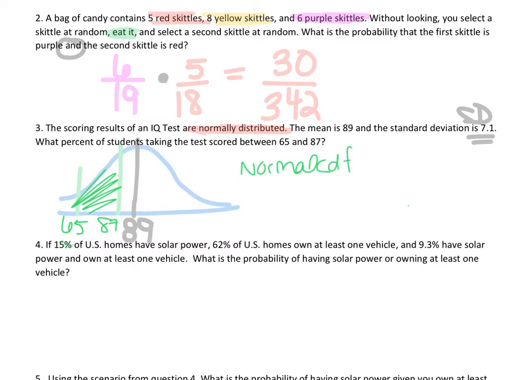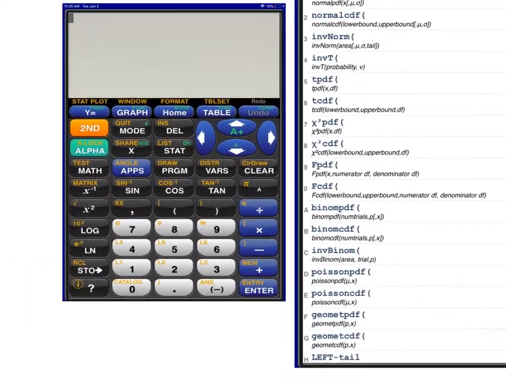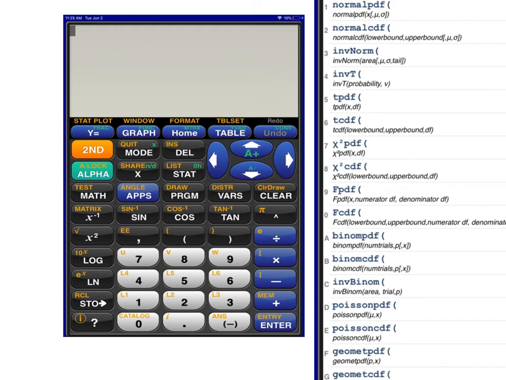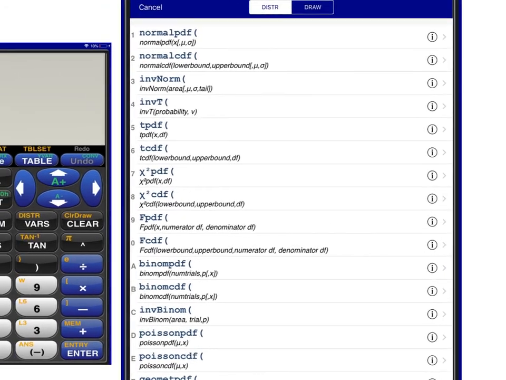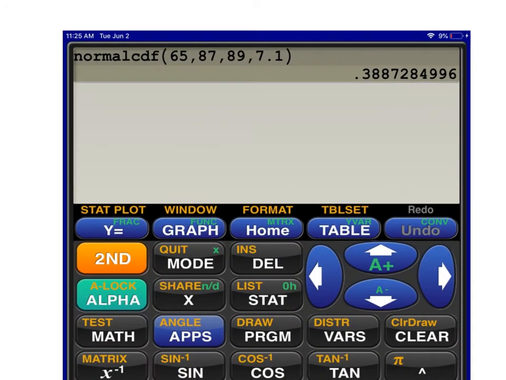So to do this in your calculator, this is the Graph Calc 83 that I had posted on your Google Classroom. If you don't have this one, it's really useful because it has all the features you need. So the first thing I did was I pressed second vars, and it got me here. And then you'll see normal CDF, this guy right here. You're going to choose that, and you're going to type in this. So you're going to put in 65, which is the lower bound, 87, which is the upper, 89, which is the mean, and 7.1, which is the standard deviation.